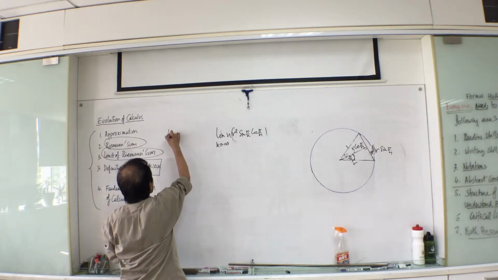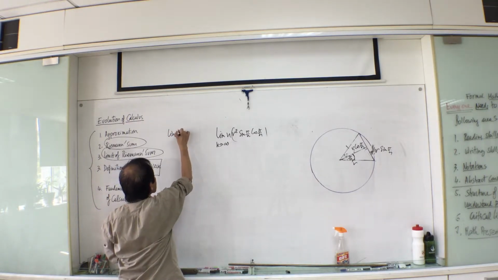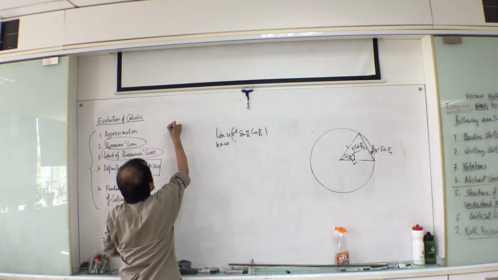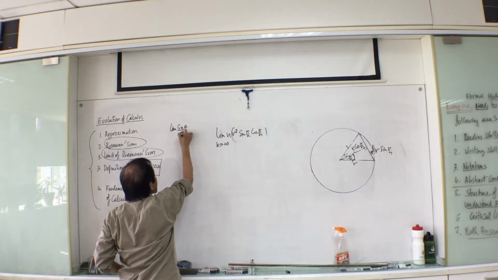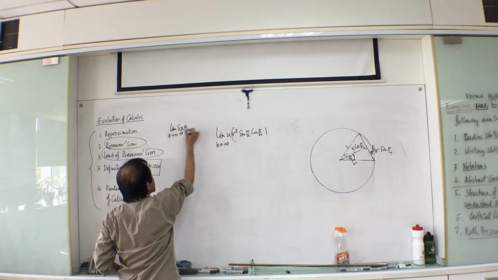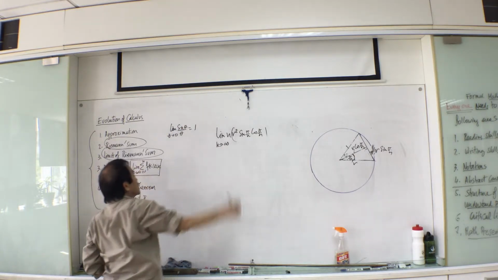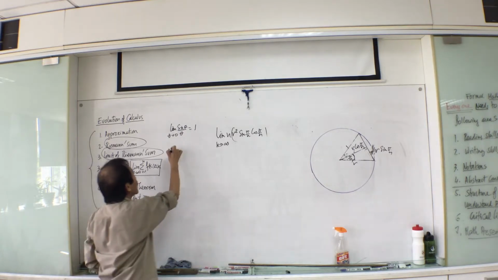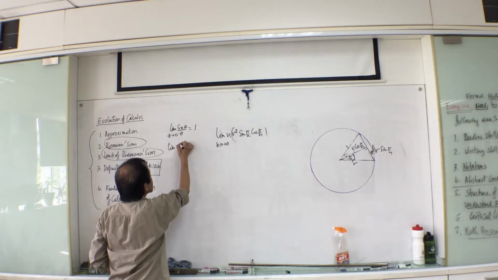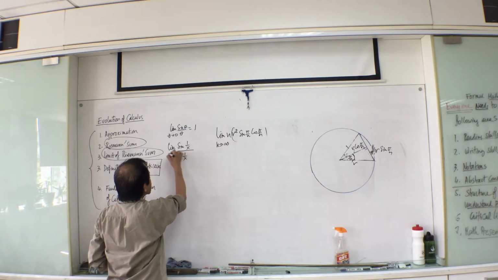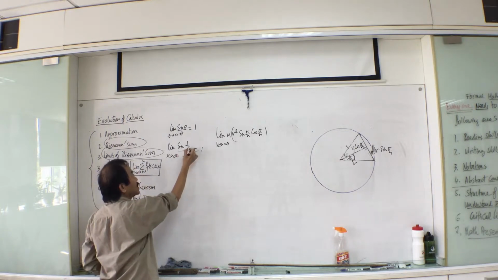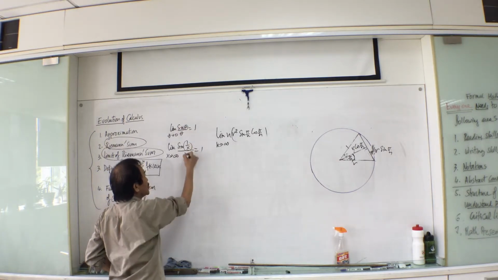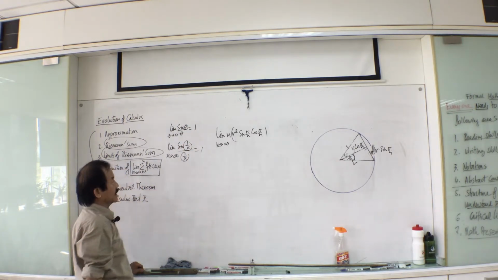We apply the limit of sine of theta over theta as theta goes to 0, which everybody has already mastered, equals 1. Or the limit of sine of 1 over x over 1 over x as x goes to infinity also equals 1, because when x goes to infinity, this one turns out to be 0. That's the other way to say it.